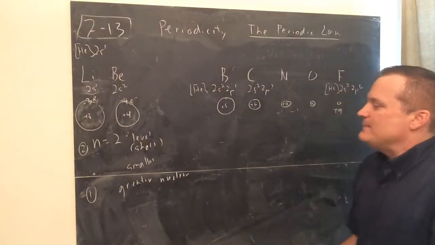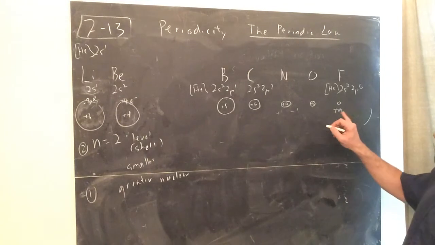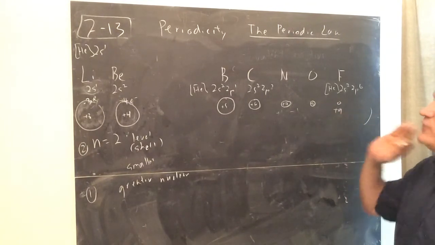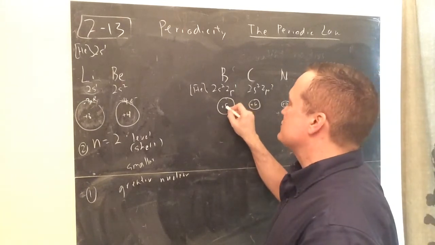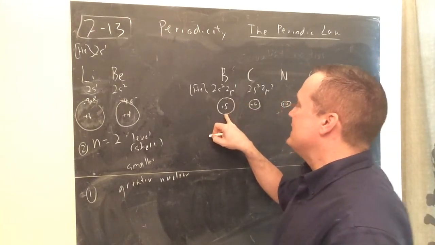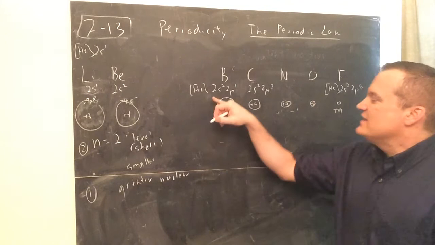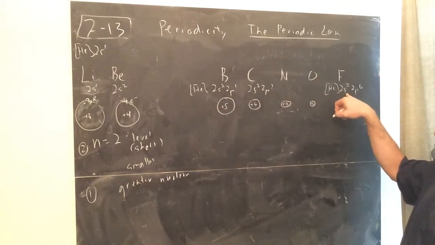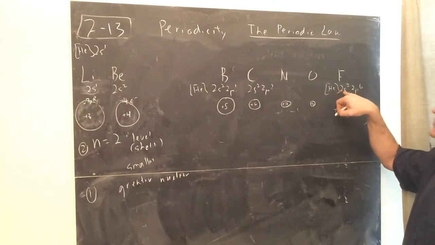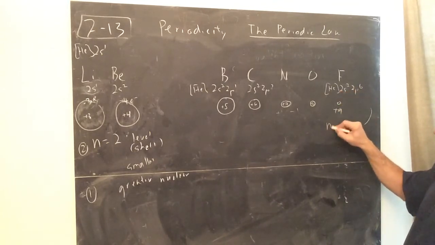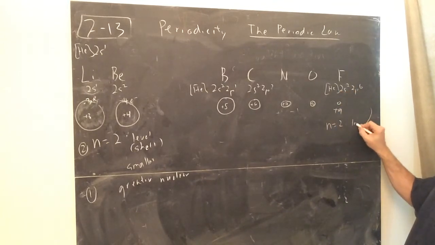Why? Because, as I said, fluorine has a greater nuclear charge. Fluorine has a nuclear charge of positive 9. Boron has a nuclear charge of positive 5. So fluorine is greater. Next, the outermost electron shell of fluorine is 2s2, 2p6. They're all at the n equals 2 level.